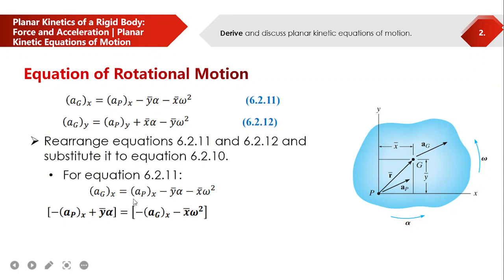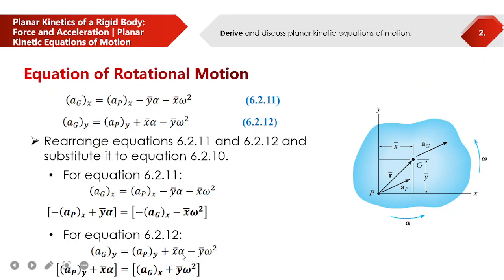So, we just rearrange it in terms of acceleration and its components. For equation 6.2.12, we rearrange from this one to this one. That will be a sub p sub y plus x bar times alpha is equal to a sub g sub y plus y bar times omega squared. Okay?